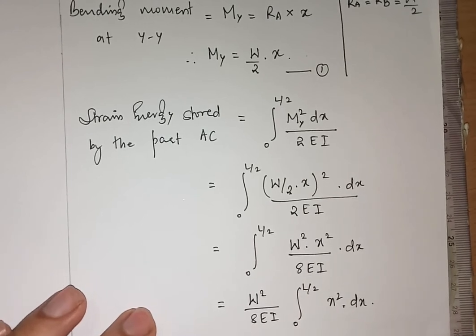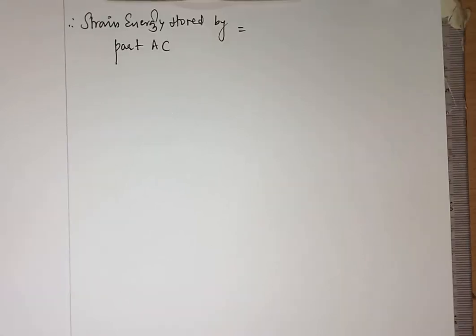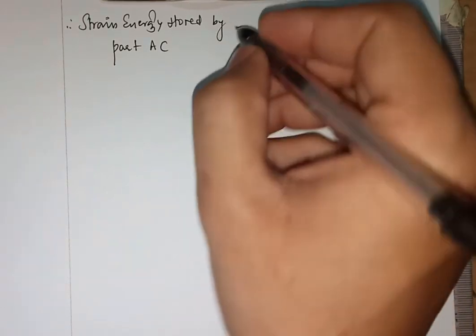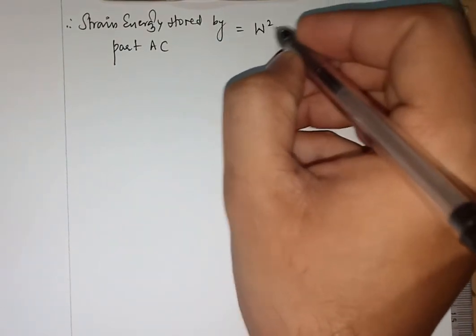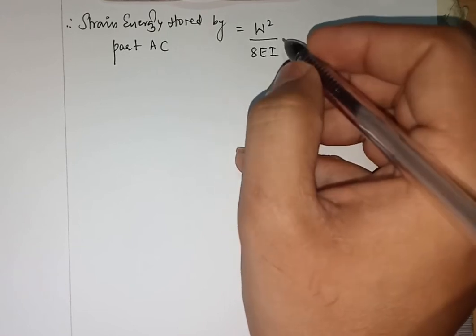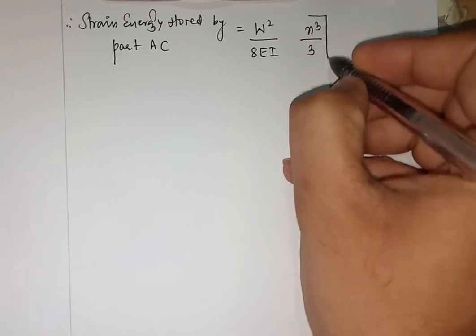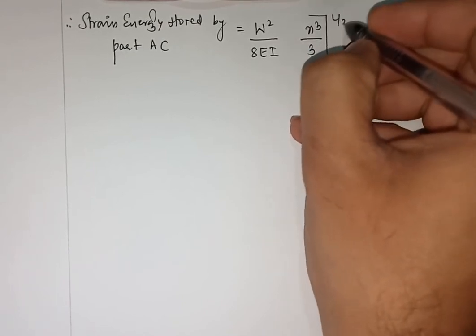Now this is a simple integration. Kindly go ahead and integrate this. Therefore, strain energy stored by part AC will be equal to W square divided by 8 EI, which is constant, times the integration of x square, which is x cube divided by 3, with limits 0 to L by 2.